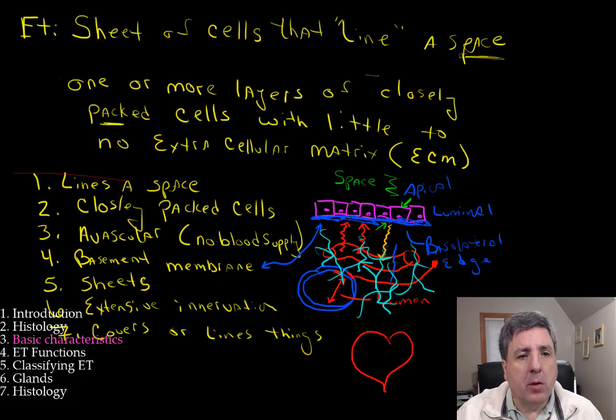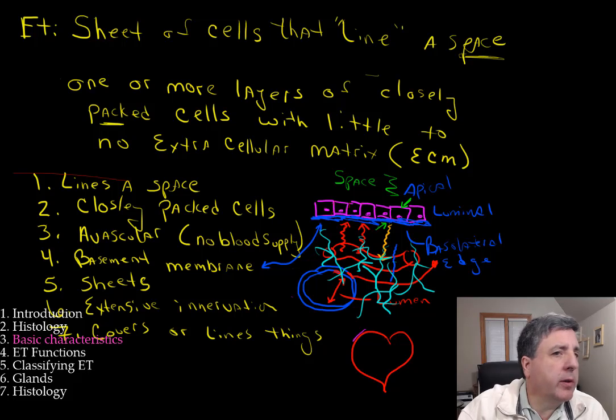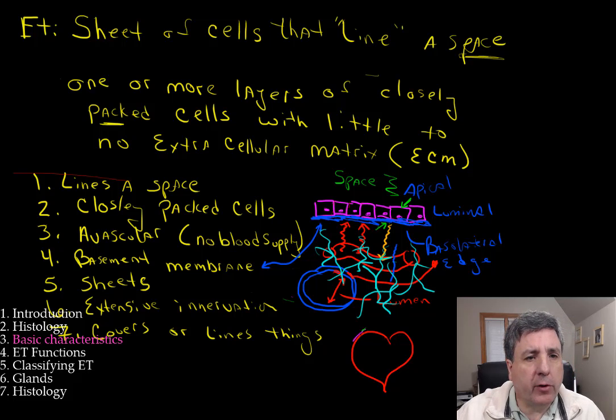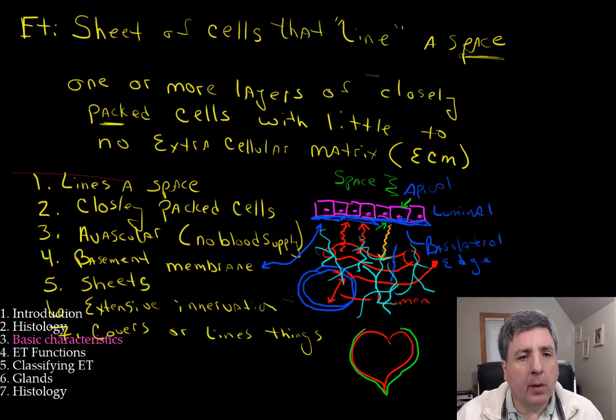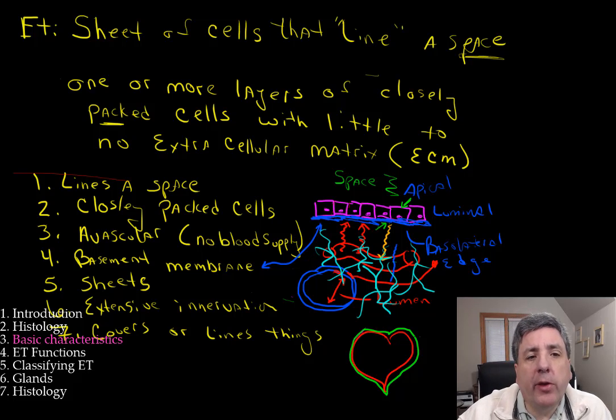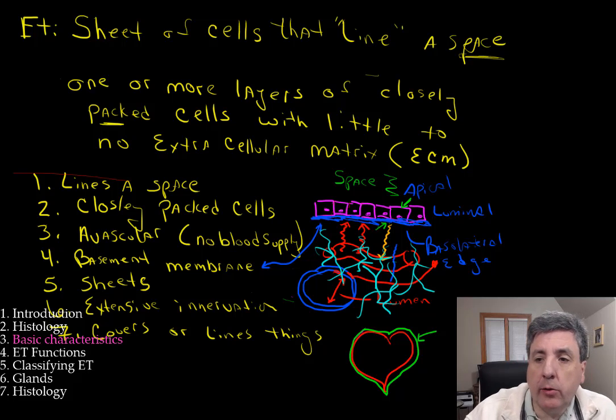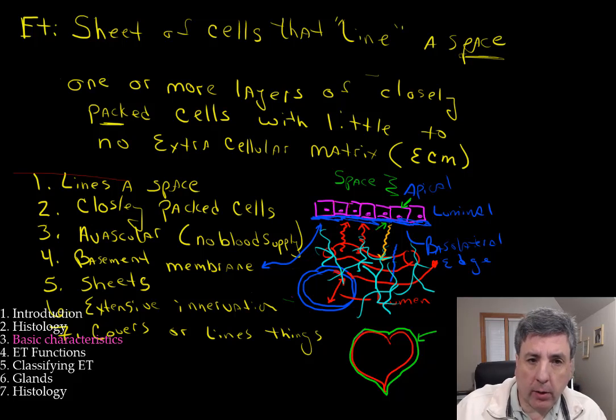Okay, so we're going to have tissue. Let's just do a different color. That one doesn't show up very well. Let's just do green. So we have tissue that lines this organ. Okay. So this is epithelial tissue. And it is covering an organ.